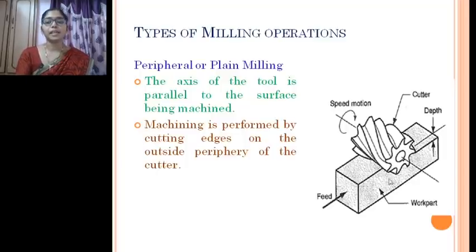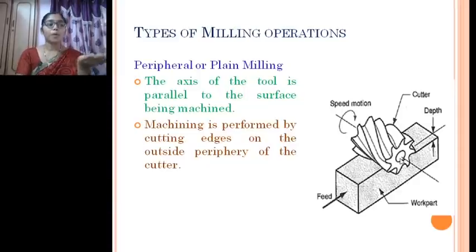As you can see in the figure, the tool will have multiple cutting edges on the surface. Now, the tool will be rotating and removing the material from the surface.